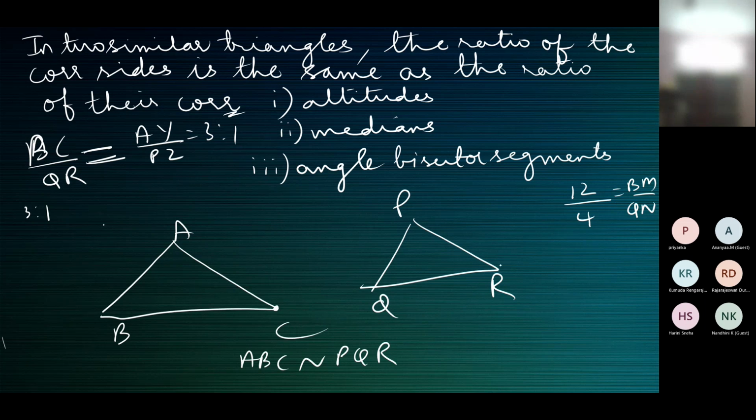Angle R, ma'am. Now, supposing this is, for example, 50 degrees. Then if you take the bisector of angle C, it will become 25 degrees here and 25 degrees here, right? Yes, ma'am. So we say that CM is the bisector of angle C.